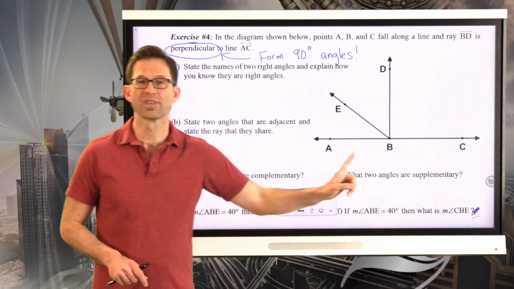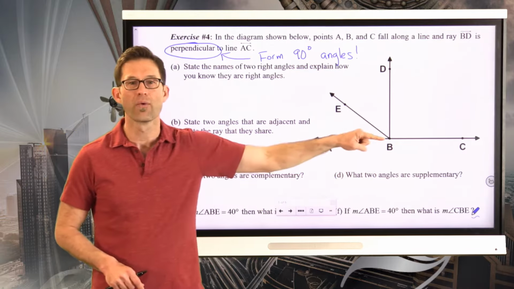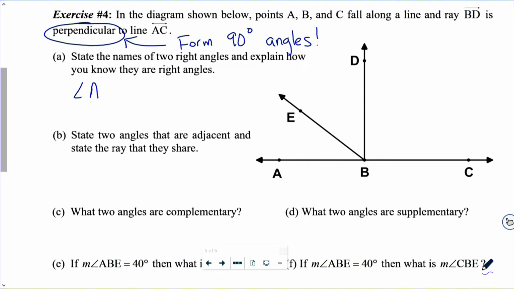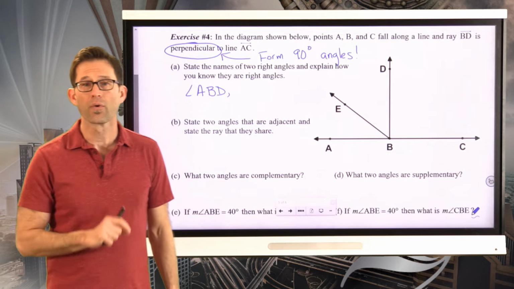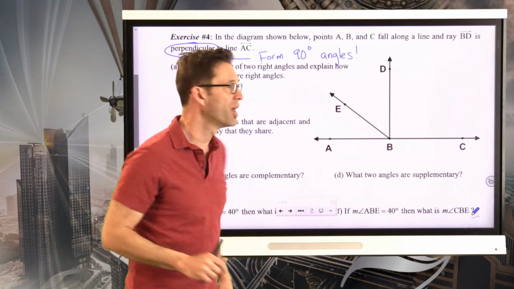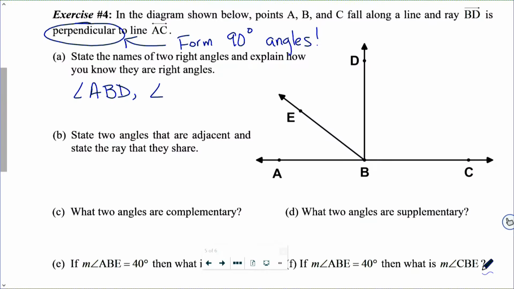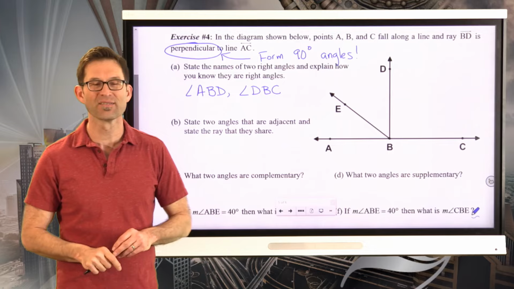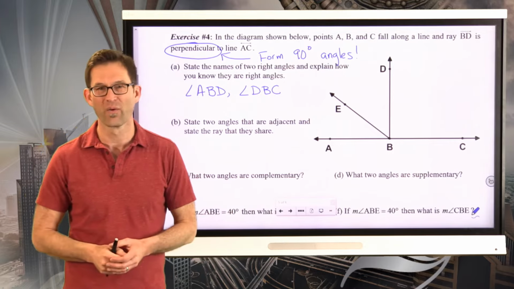Well, one right angle is the angle formed by ray BA and ray BD, so that's going to be angle ABD, right? And the other right angle is the one formed by ray BD and ray BC, and that is going to be angle DBC. Now, why do we know they're right angles? Well, I kind of gave the spoiler on that one already, right?